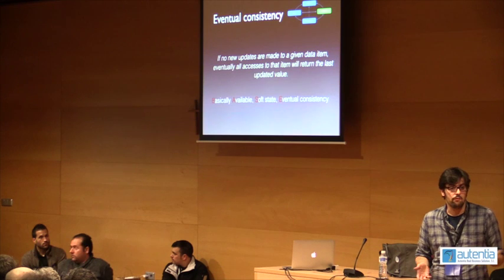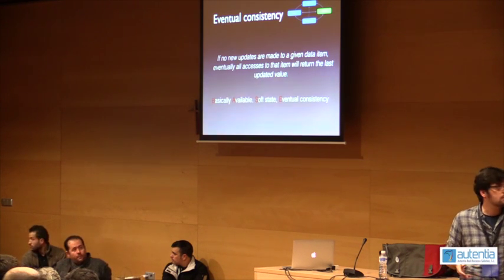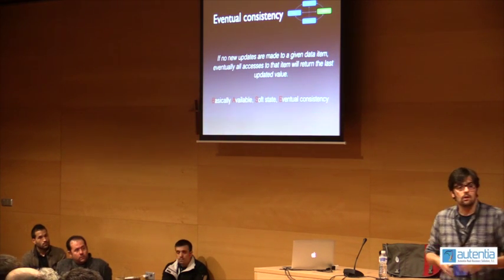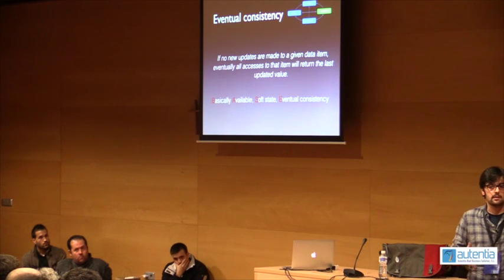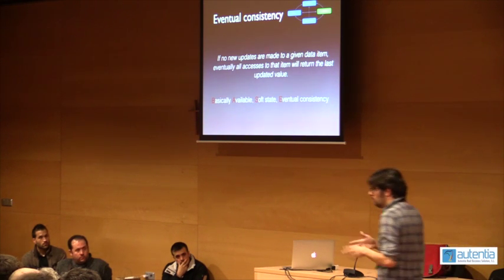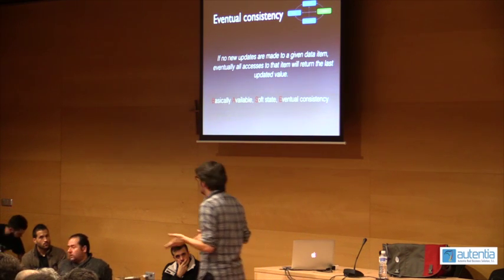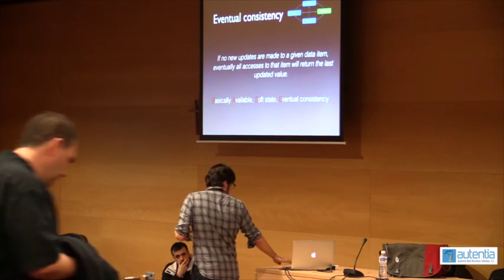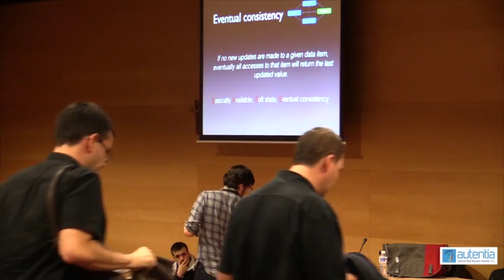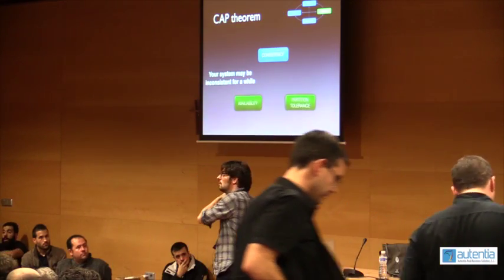If you use an algorithm that gives you eventual consistency, your system is going to be consistent eventually. It's a much more restricted guarantee than traditional ACID, but it gives you these capabilities.